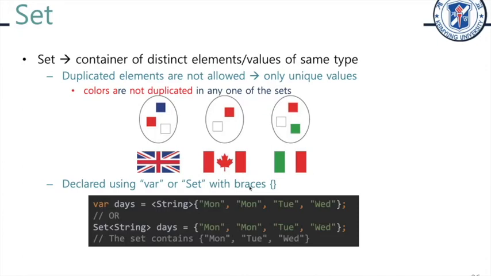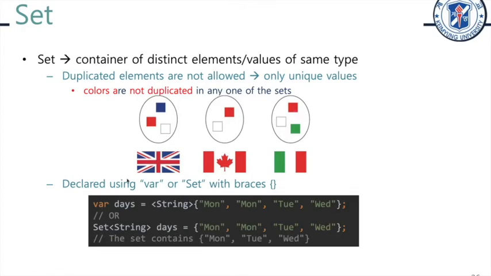To see this, take a look at this example of colors of a country. Colors of a British flag holds blue, red, white. Colors of the Canadian flag, red and white. Colors of the Italian flag contain green, white, red.